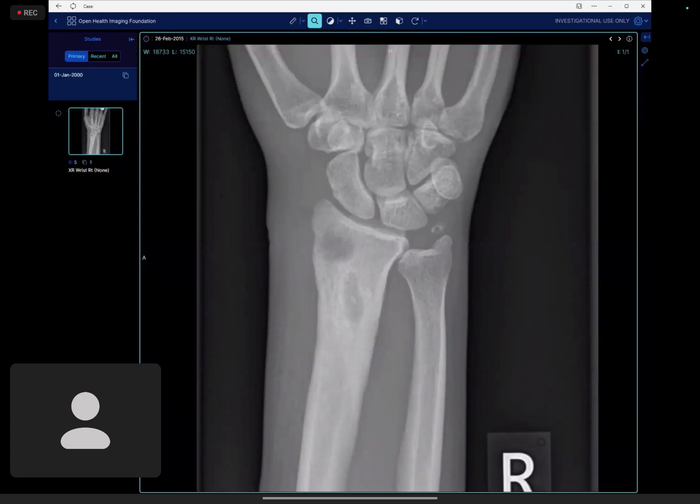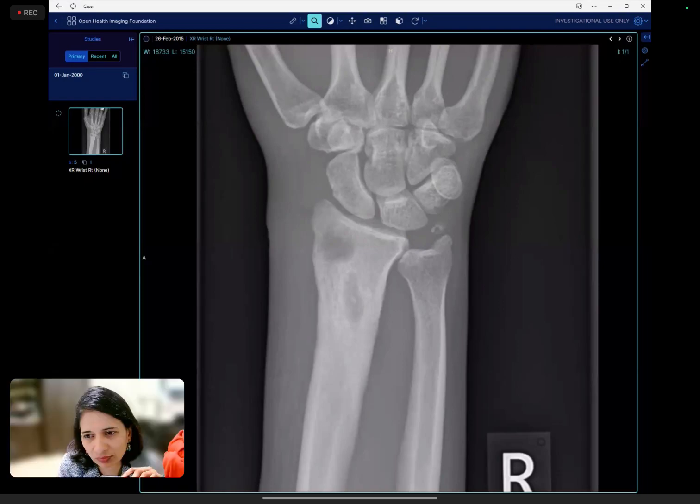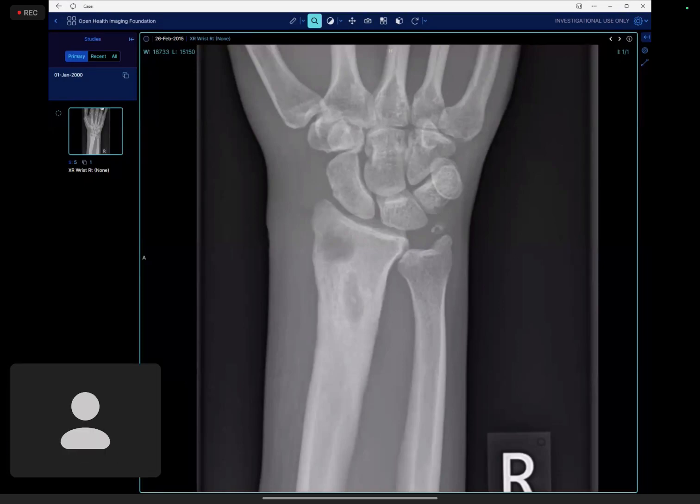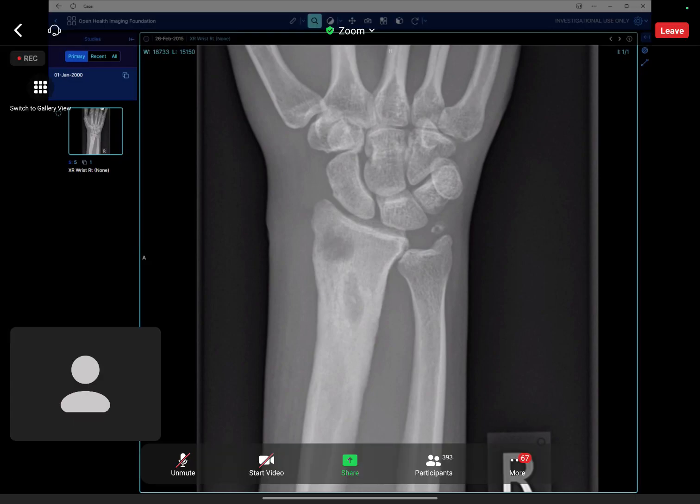Can I zoom the image? Yeah. I don't see any cortical break or erosions surrounding the lesion. The bone density appears to be grossly normal. The rest of the bones visualized are normal. There's an incidental note of a lunula adjacent to the ulnar styloid process.